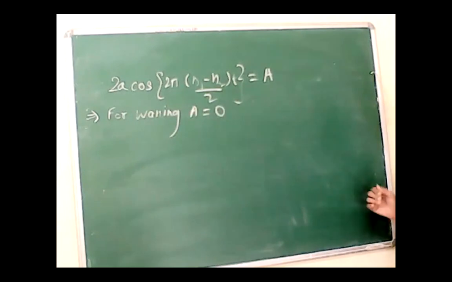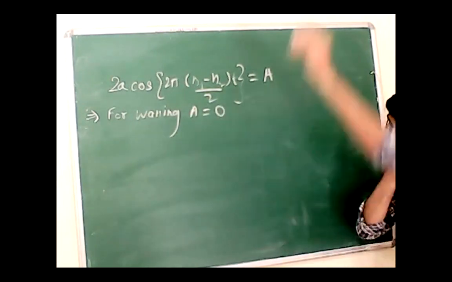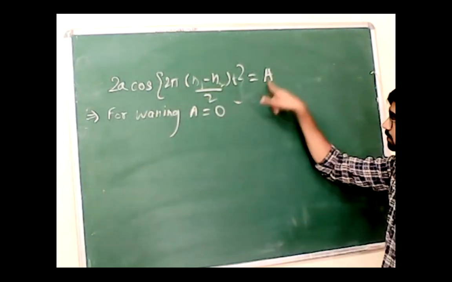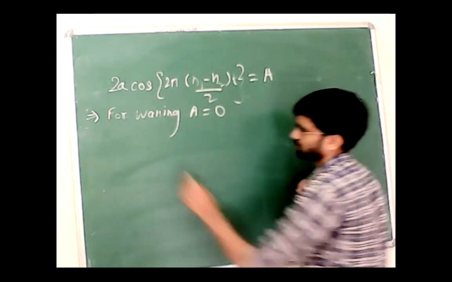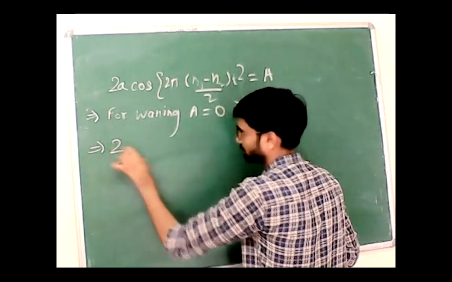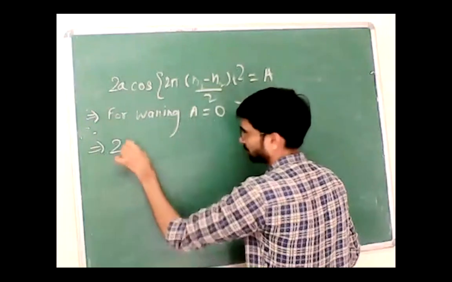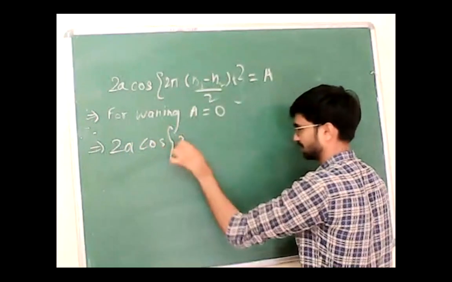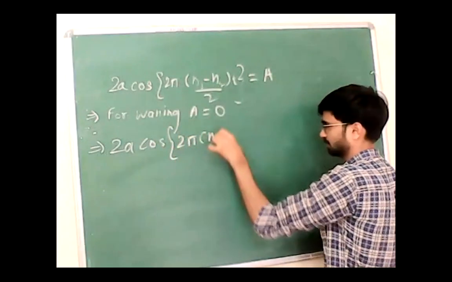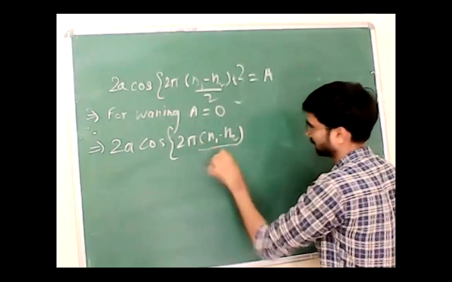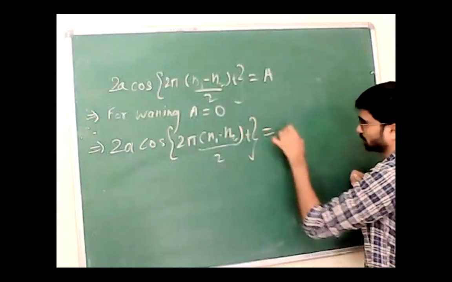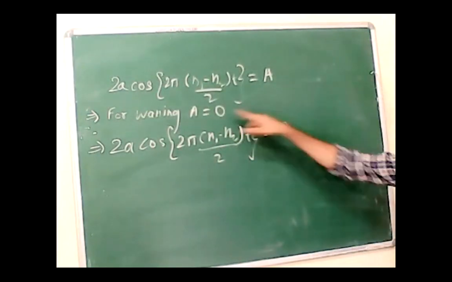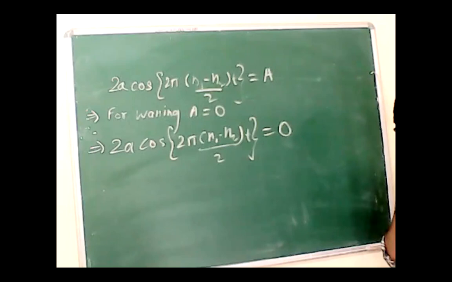The amplitude is minimum. So if I substitute this value over here, then I will get 2a cos(2 pi (n1 minus n2) divided by 2 into t) equal to 0, substituting the value of A as 0.